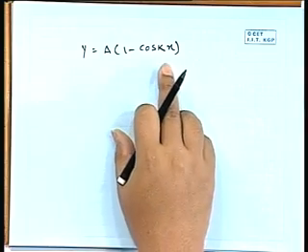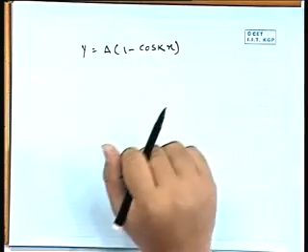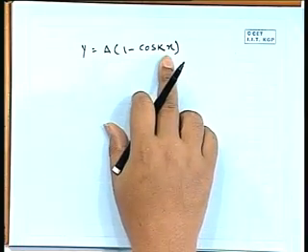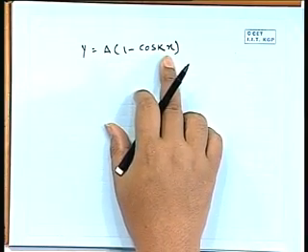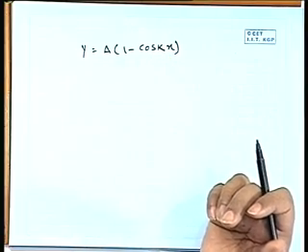Now, if we put x equal to 0, cos will be equal to 1, cos 0 is 1. So, 1 minus 1 is 0, which means y equal to 0. If we put x equal to L, we will get the other condition. So, let us get that.